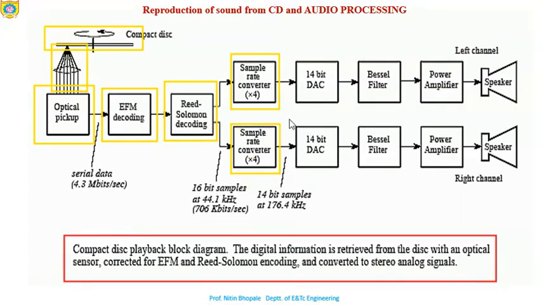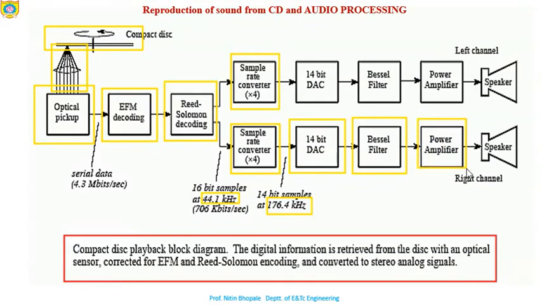Now let's discuss this. A 14-bit DAC is used after this block. The input of the sampling rate converter is 44.1 kilohertz, and with the help of the sampling rate converter it is converted into a 176.4 kilohertz frequency. Further, the 14-bit DAC, that is the digital to analog converter, is applied to the Bessel filter, so that the unwanted content apart from the analog signal is reduced.